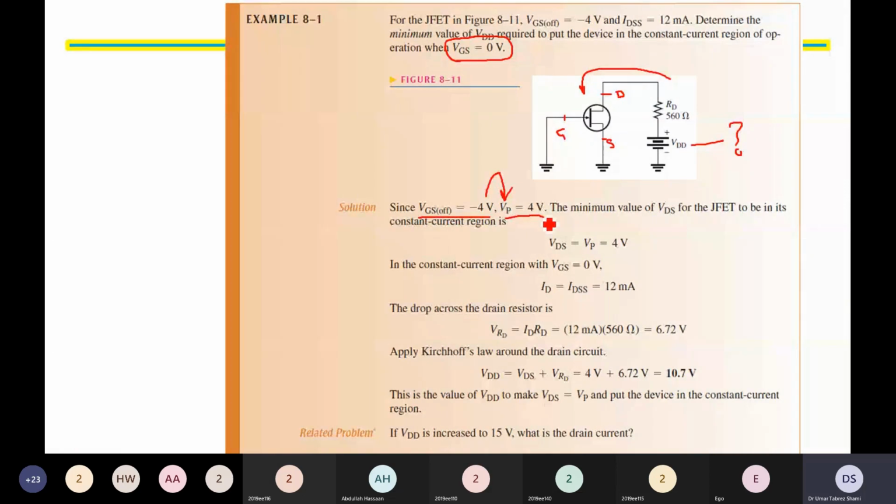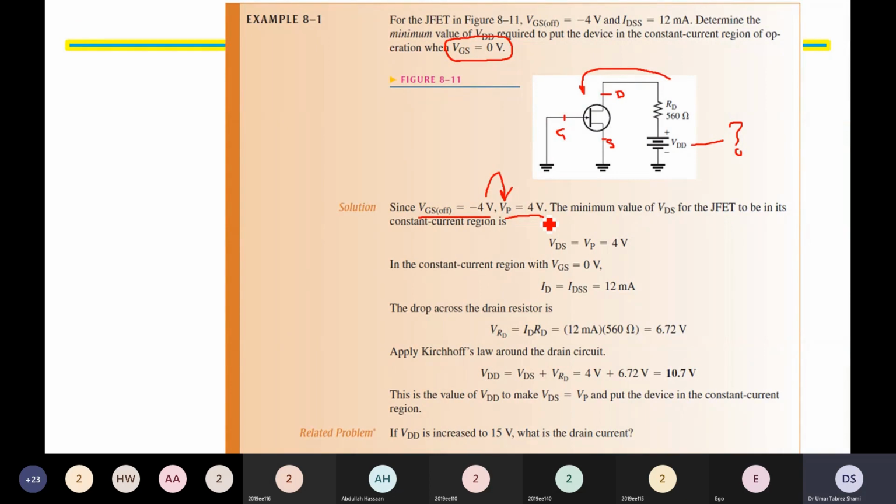The pinch off voltage is the voltage when the current becomes 0, or when no current will flow from drain to source. And VGS off means the same thing, that there is no current flowing from drain to source. Hence, we say that VGS off is equal to VP, the pinch off voltage.